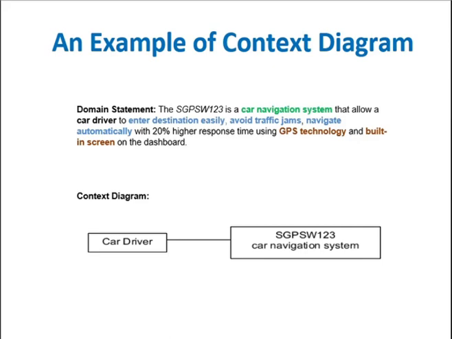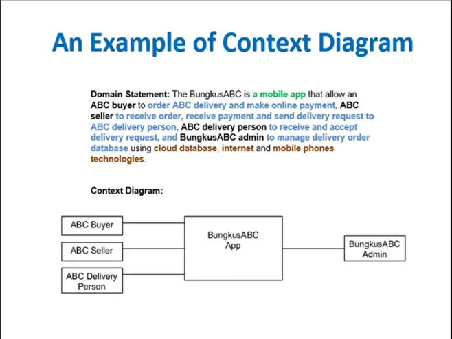It's basically showing the app or the system and the people that interact with the system. That's it. It's just a simple diagram because this is at the beginning of the process. Yeah, the initial diagram that you can produce before you produce more and more detailed diagrams. So this is something very simple.